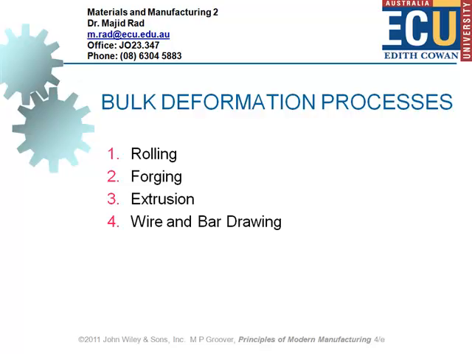And as I said before, material removal processes are not desirable because we are wasting the material which has been produced. By making use of these processes, we bring our initial material to the final shape or near to final shape by just changing the shape of the material without removal of the material.